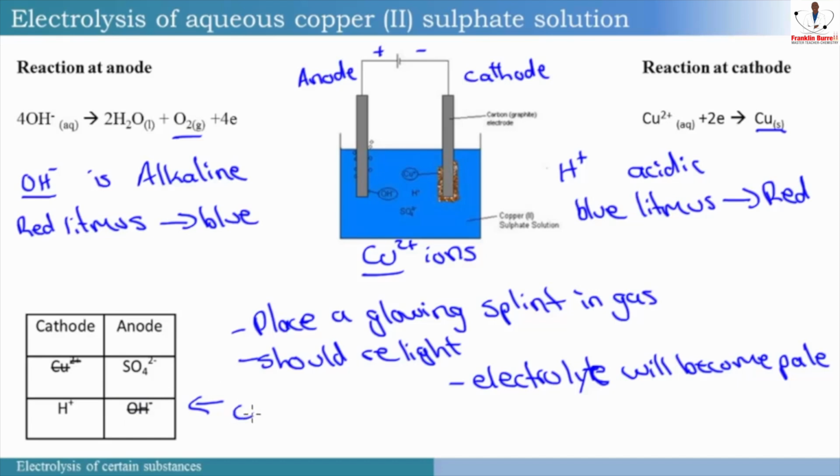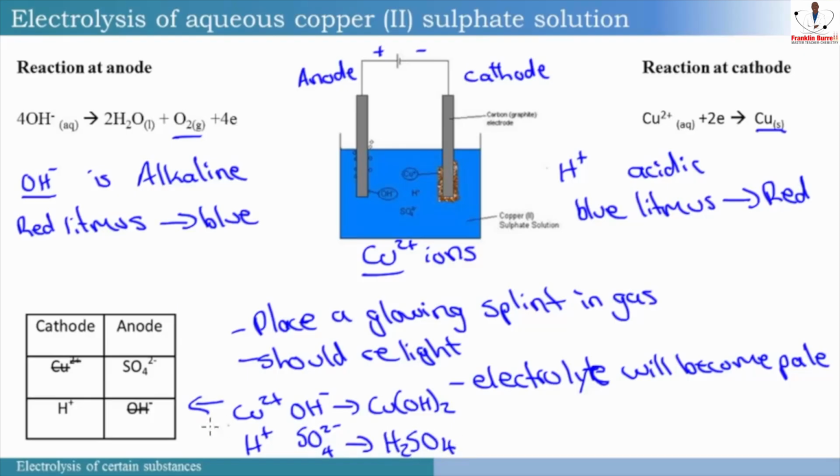Now Cu2+ and OH minus form Cu(OH)2, which is copper 2 hydroxide, which is a base. H plus and SO4 2 minus, that is left, form H2SO4, which is an acid.